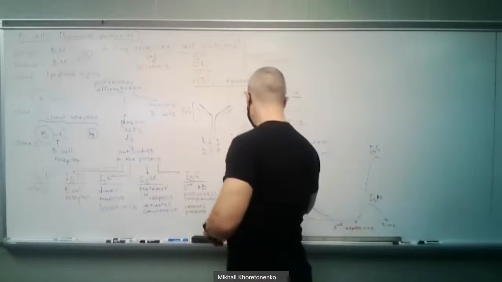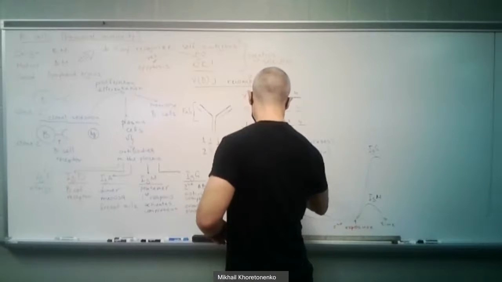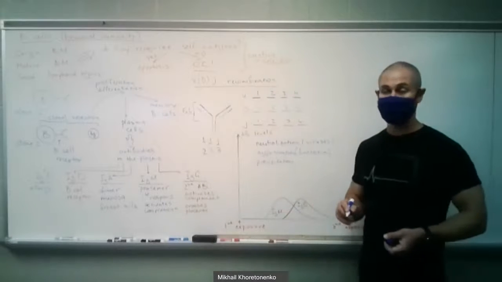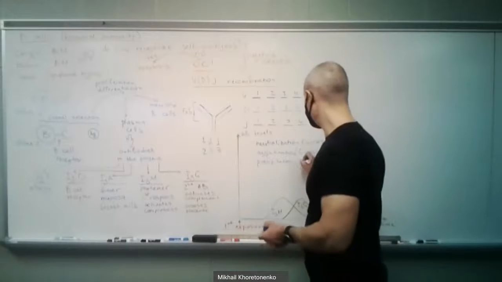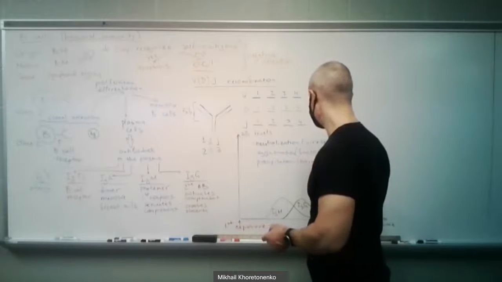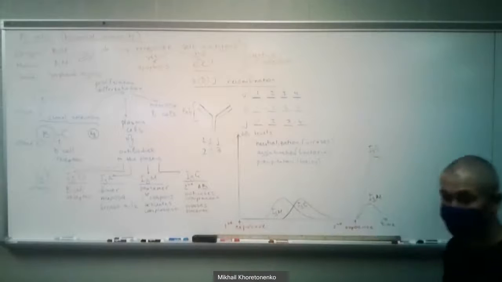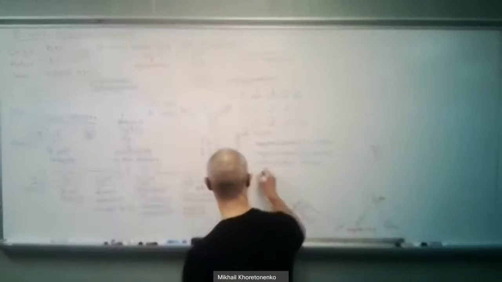Third mechanism is precipitation. Precipitation is binding of various soluble antigens, usually bacterial toxins. So antibodies will bind toxins, preventing them from doing whatever they usually do.